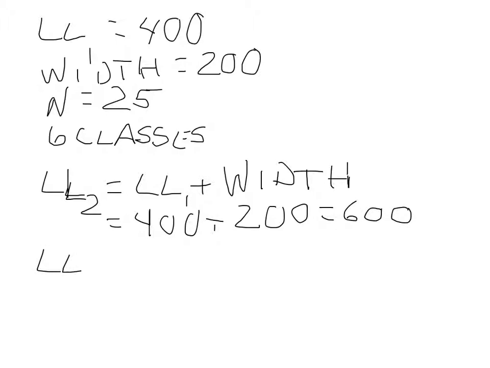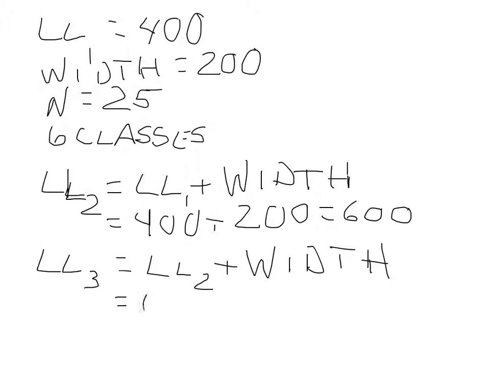Then lower limit 3 is equal to lower limit 2 plus the width. So lower limit 2 was 600 plus the width of 200 gives me 800.